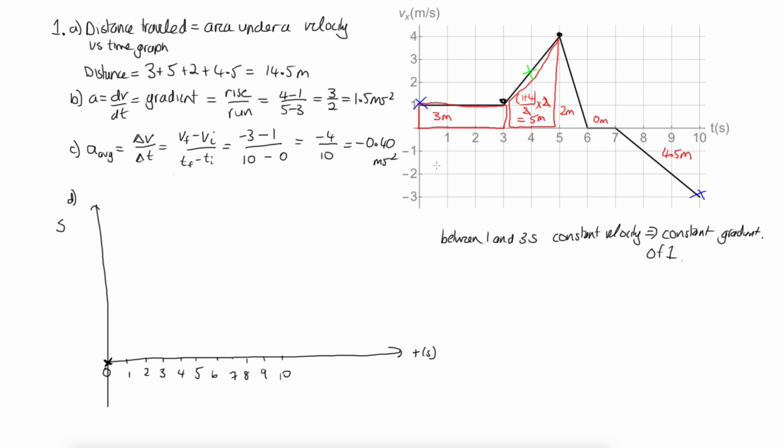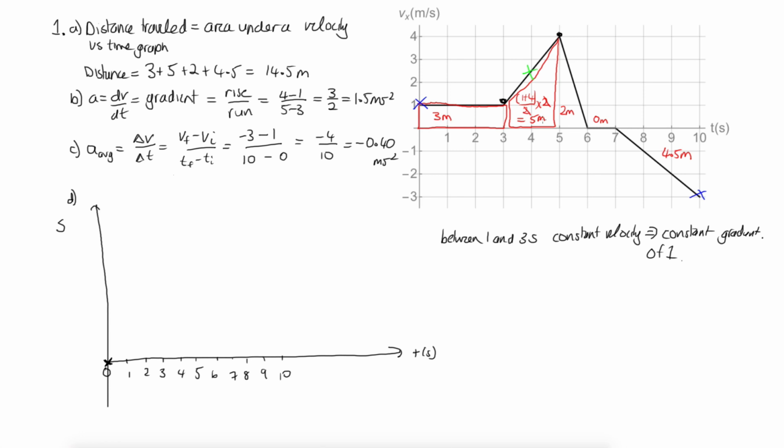Just before we start, let's work out what would be sensible numbers to put along our displacement axis. The total displacement over the 10 seconds will be the 3 plus the 5 plus the 2, which gives us 10, minus the 4.5, which should be 5.5.